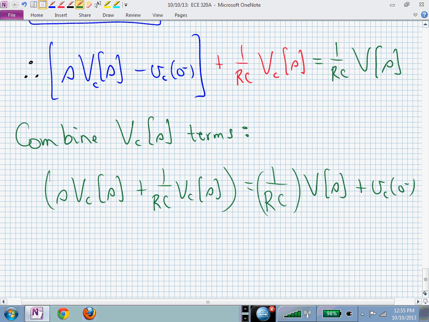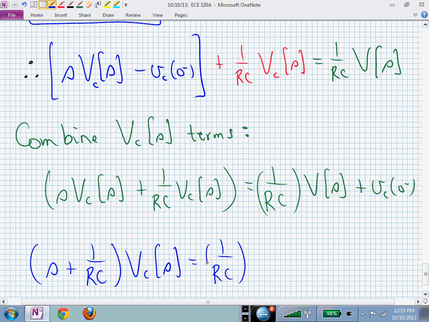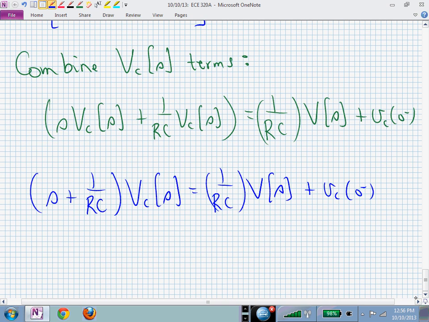And now I can factor out capital V sub c of s to make it by itself, which allows me now to write s plus 1 over RC, times V sub c of s, equaling 1 over RC V of s plus V sub c of 0 minus.